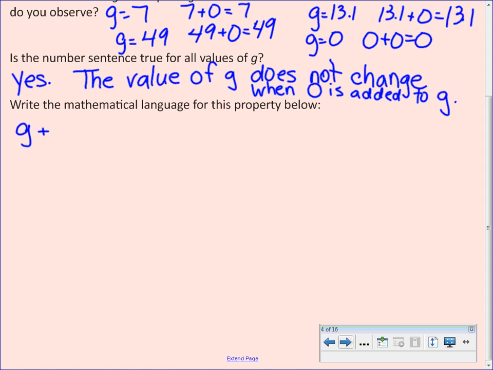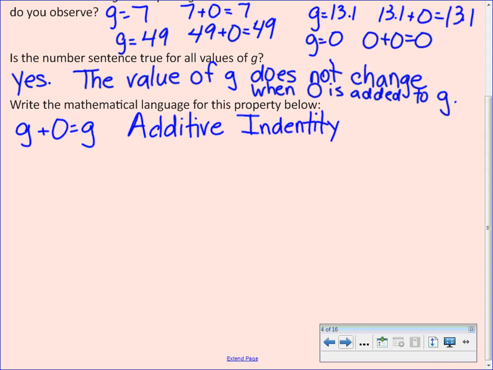So g plus 0 equals g is called the additive identity property of what number? Help us out. Get our identity. Keep our identity. 0.